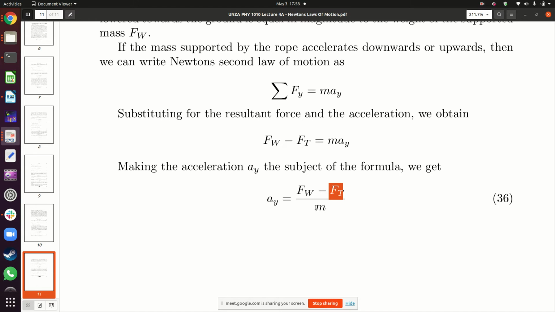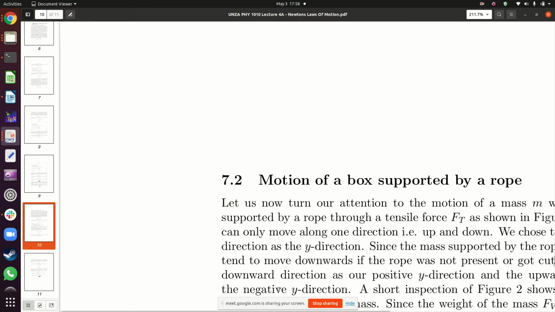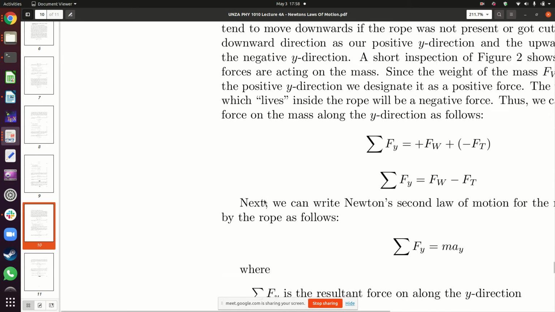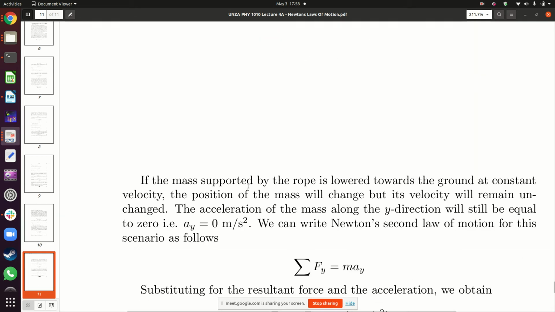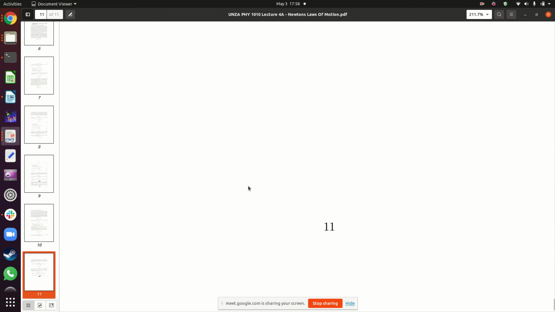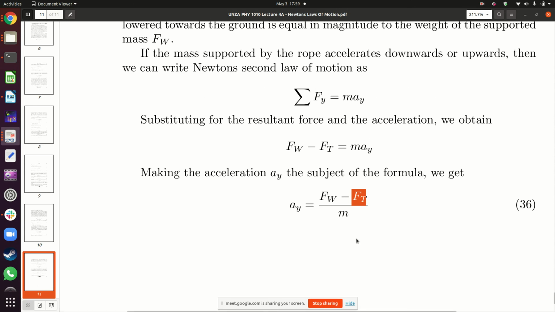For acceleration to happen, the weight of the mass and the tensile force cannot be the same. Fw and Ft cannot be the same. The weight has to be greater than the tensile force.